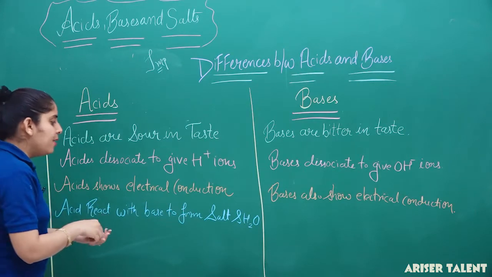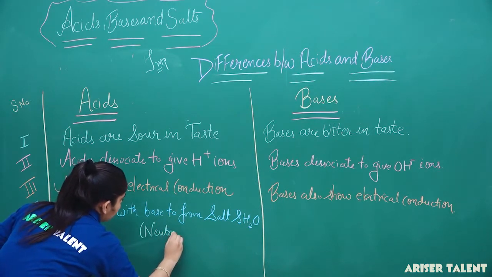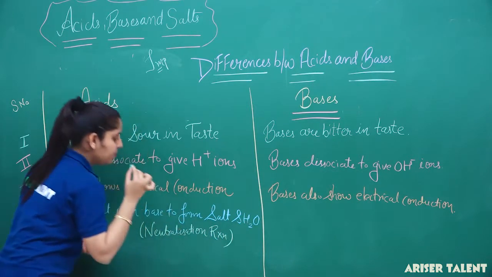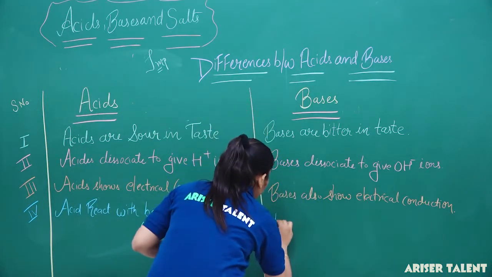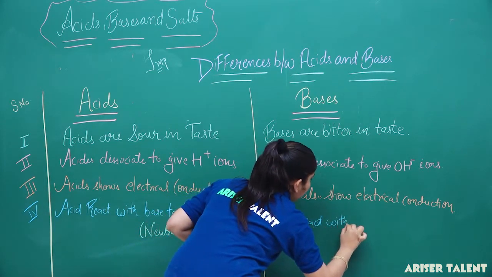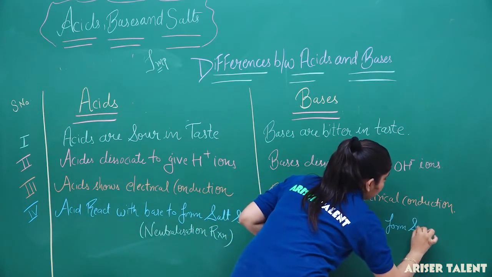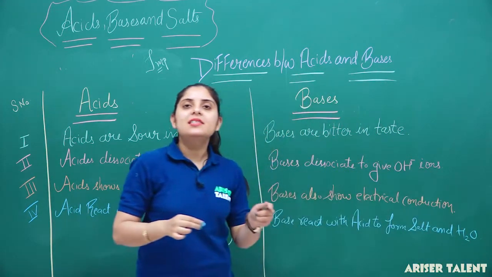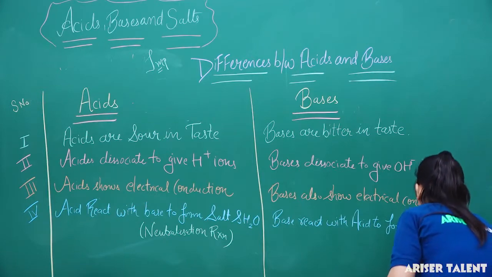This reaction is basically termed a neutralization reaction. Now bases again react with acid to form salt and water. So we can say that bases react with acid to form salt and water. Again this type of reaction is considered a neutralization reaction.